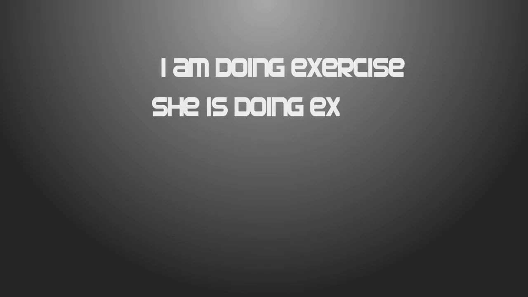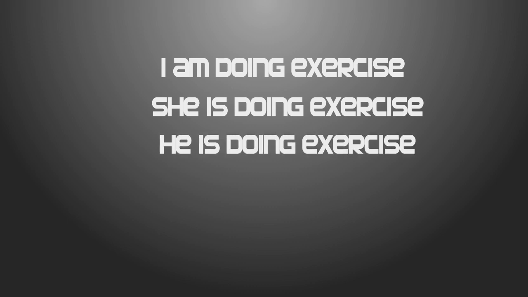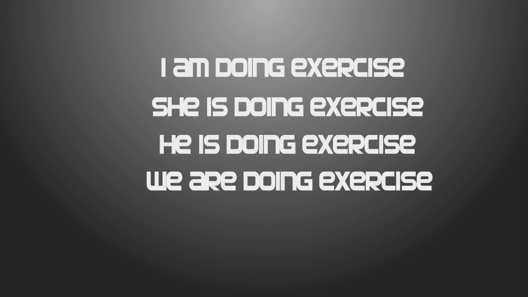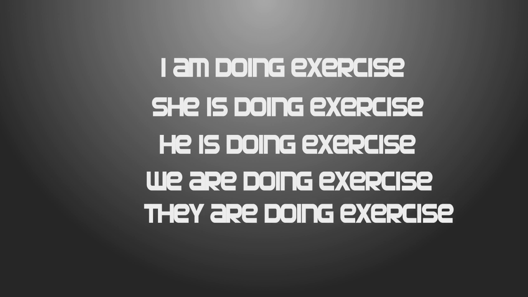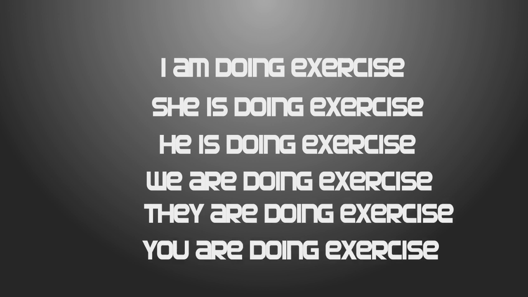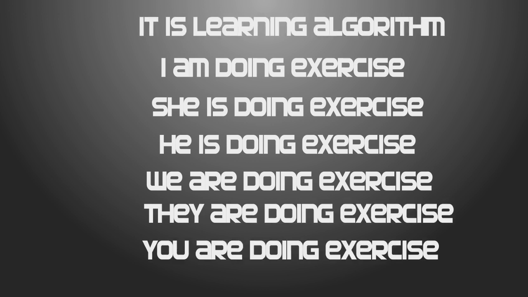For you, we, and they, we use the auxiliary verb are. For the first person singular, I, we use the auxiliary verb am. For example, I'm doing exercise, she's doing exercise, he's doing exercise, we are doing exercise, they are doing exercise. It is learning algorithms pretty well.